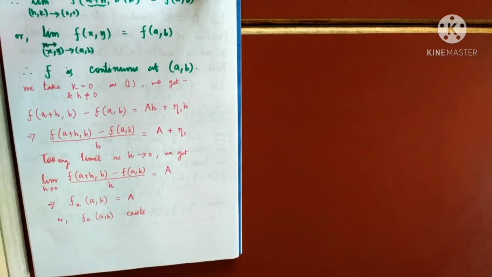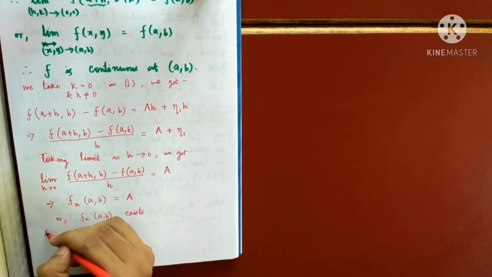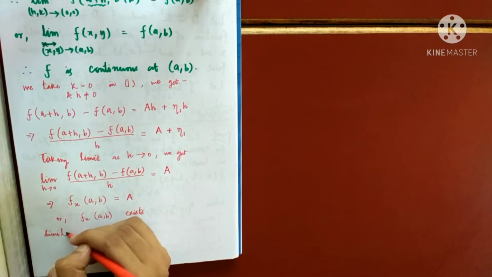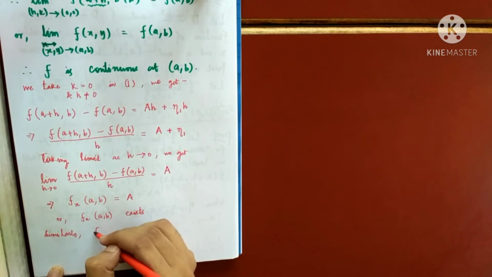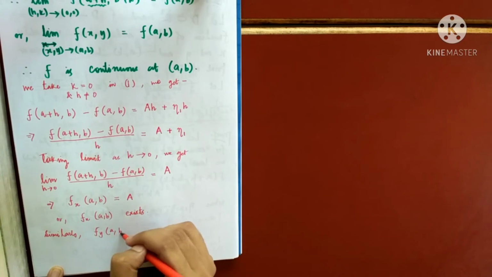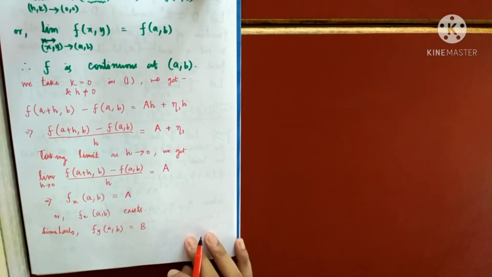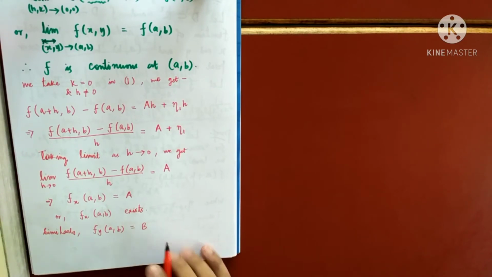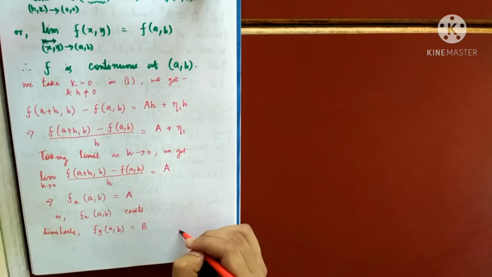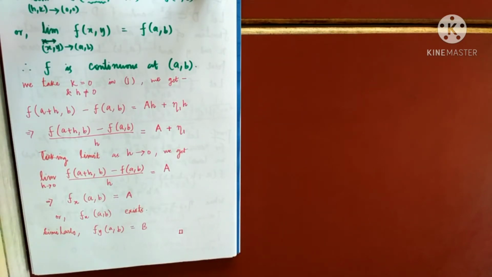Similarly, using the same concept, I can find that the partial derivative of the function at a comma b with respect to y will come as b. So again it exists, and that completes the proof of the theorem. Am I clear?